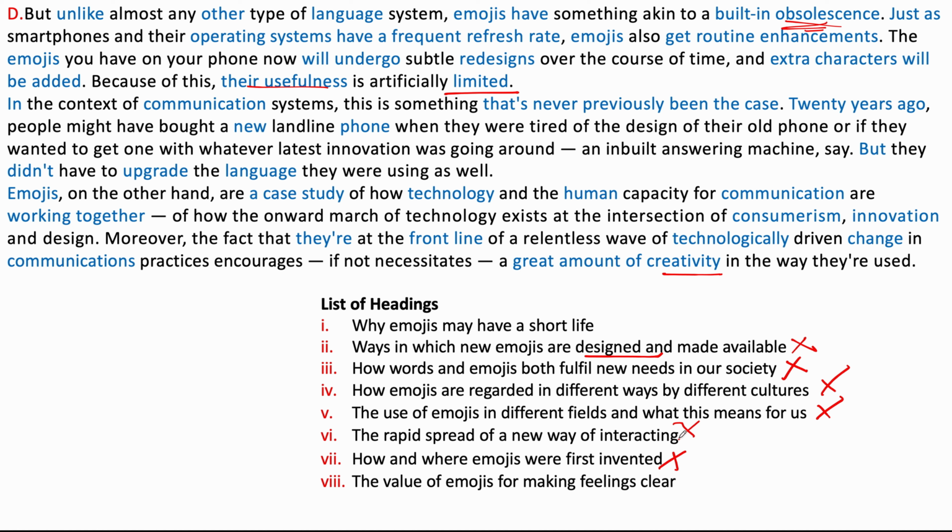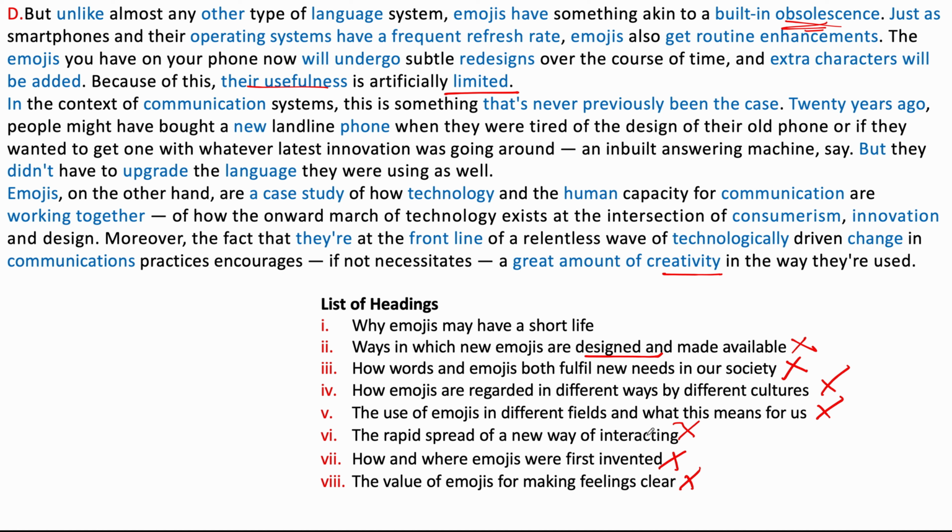The eighth heading is the value of emojis for making feelings clear. This heading was just used for the previous section. Also, this section has no discussion about emojis or the emotional aspect of emojis. So, technology and creativity are mentioned.